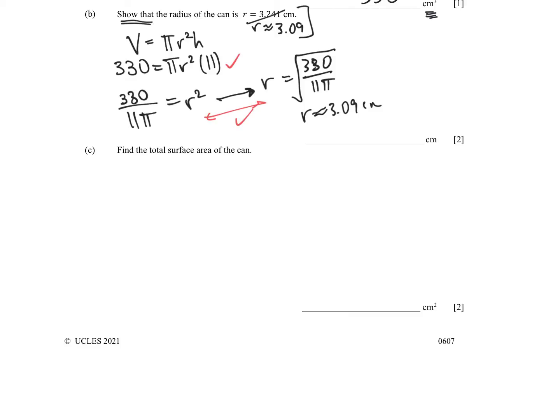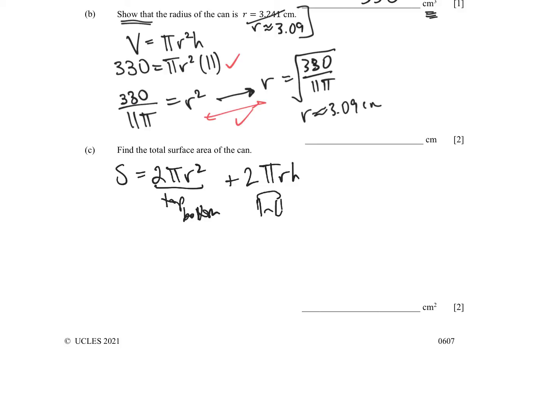Total surface area of the can. Well, the surface area of a cylinder is 2 pi r squared, because that's the top and bottom, and 2 pi r h, which is the curved surface area of the cylinder.